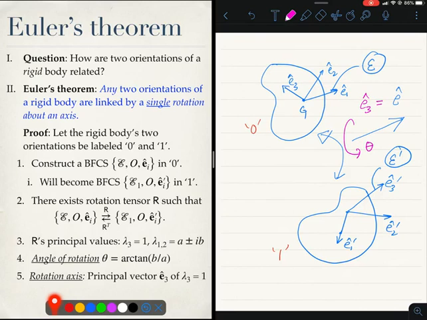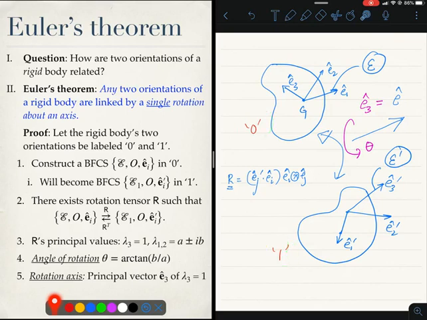How do I compute R? Well, I have a formula for R, if you remember. R would be given by EJ prime dot EI tensor EJ.